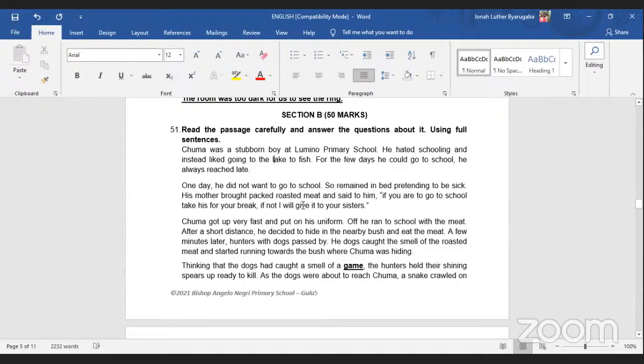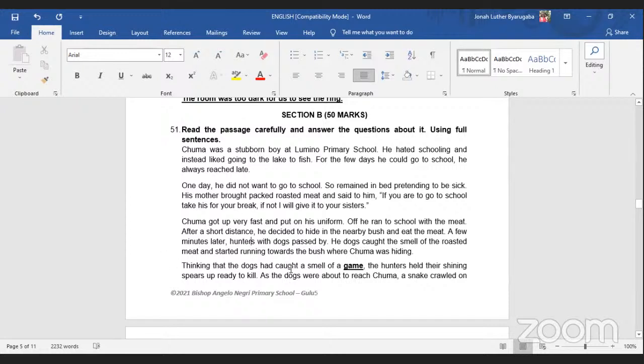If not, I'll give it to your sisters." Chuma got up very fast and put on his uniform. Off he ran to school with the meat, and after a short distance, he decided to hide in the nearby bush and eat the meat. A few minutes later, hunters with dogs passed by. The dogs caught the smell of the roasted meat and started running towards the bush where Chuma was hiding.